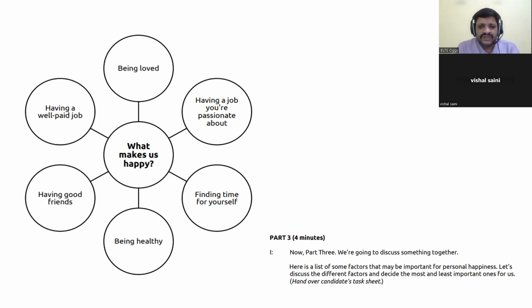Don't be stuck on only one. Talk about being loved for some time, and then having a job. Then of course the interlocutor will ask you something, or will try to add something. You have to give the person a chance to speak also. So toward the end, of course, you have to decide on the number one option and the least favorite one.